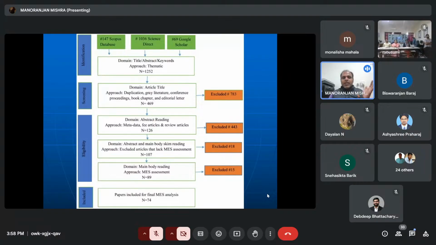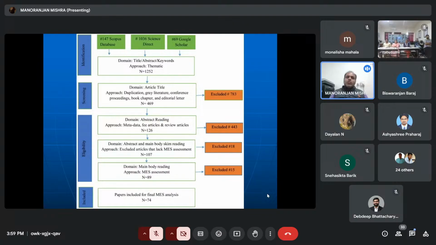Again, we read the abstract, and metadata, pre-articles and review articles are excluded, leaving 126. Again I use abstract and main body skim reading, excluding articles that lack the kind of assessment you are looking for, so 18 are excluded. Again, main body reading, and I exclude 15. Finally, I am getting 74.